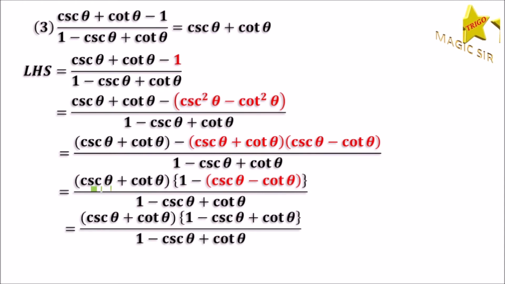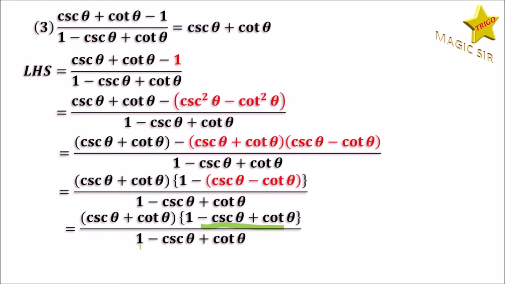By simplifying, we get left hand side is equal to cosec theta plus cot theta into bracket 1 minus cosec theta minus again minus cot theta equal to plus cot theta, whole upon 1 minus cosec theta plus cot theta.